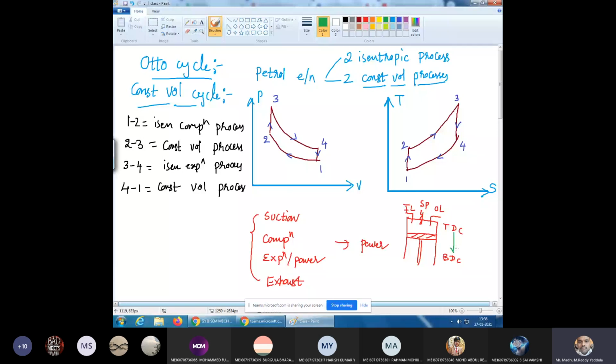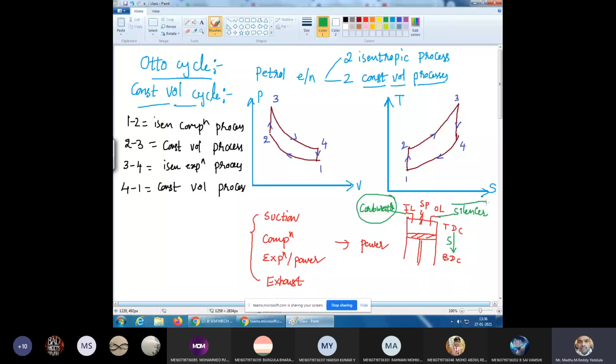So in that, what will happen? In case of petrol engine, air plus petrol from the carburetor. See, this inlet valve is connected to carburetor in case of petrol engine. So we are talking about petrol engine. This is connected to carburetor and this is connected to silencer, the exhaust.